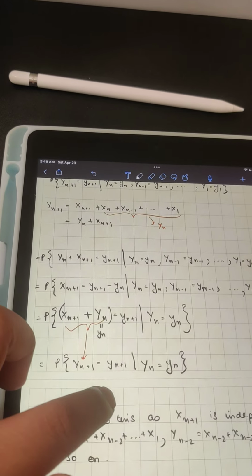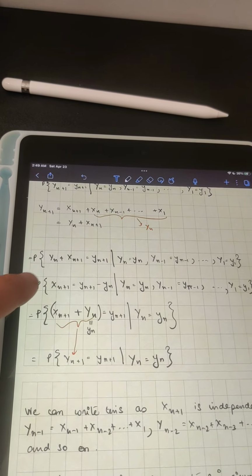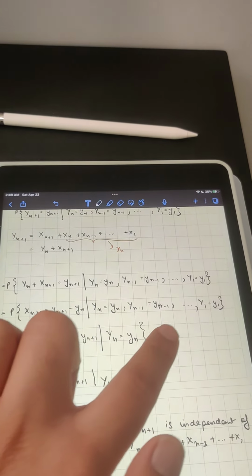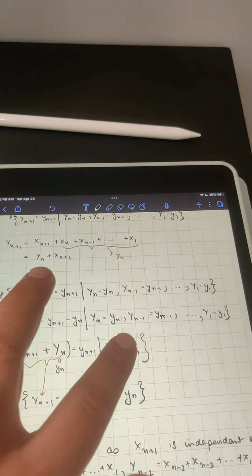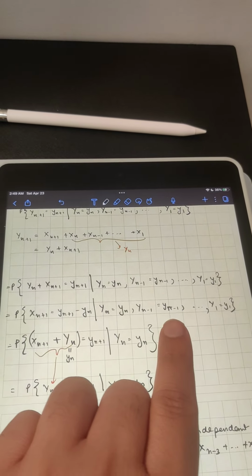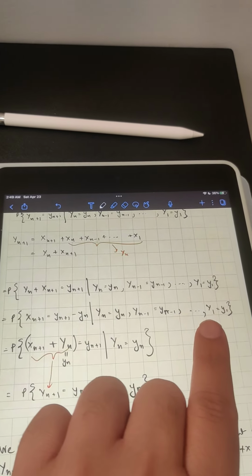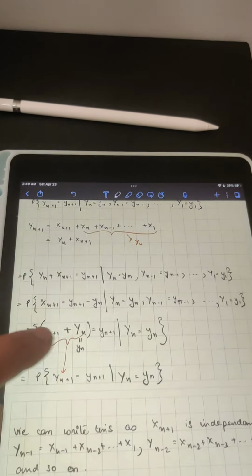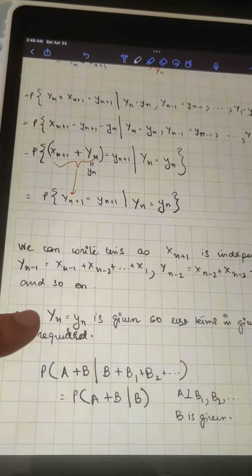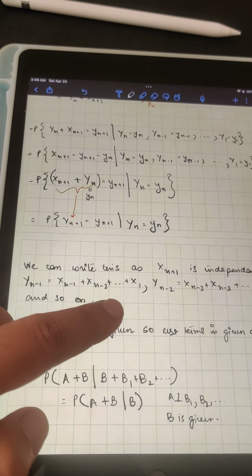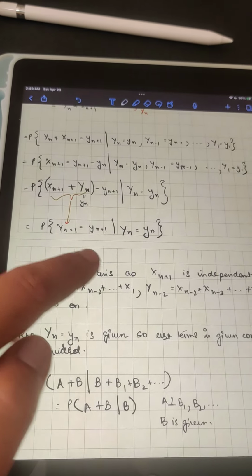And now if you can see that Xn+1 is independent of all these given conditions, right? Except Yn, it is independent of Yn-1, independent of Yn-2 to Y1, because Yn-1 is basically this, right? It's Xn-1 plus Xn-2, so there's no Xn+1 here.